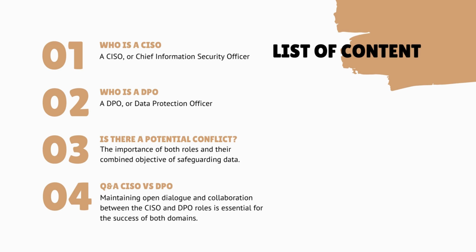We need to understand, right? And finally, the question answers: the CISO asking questions to the DPO, the DPO asking questions to the CISO, and finally, them jointly asking questions. Okay.